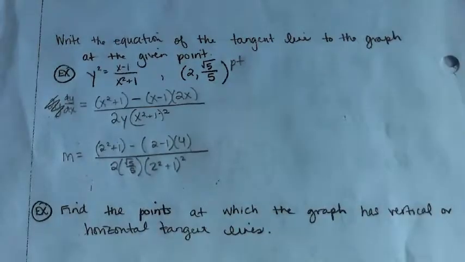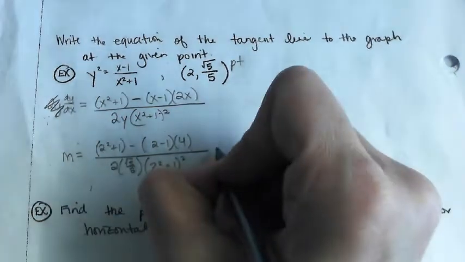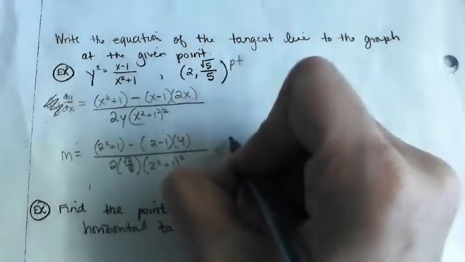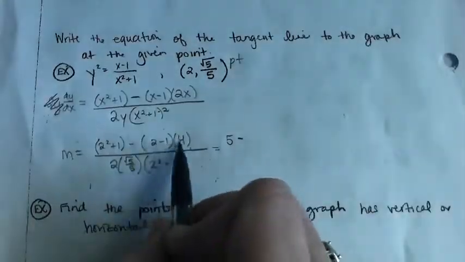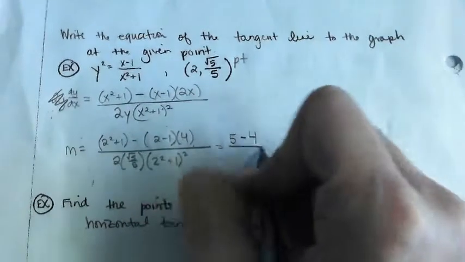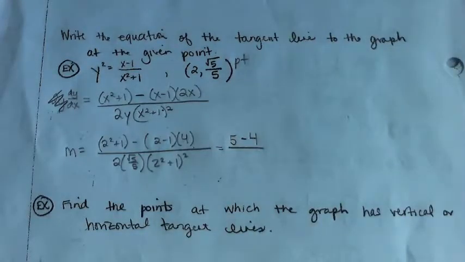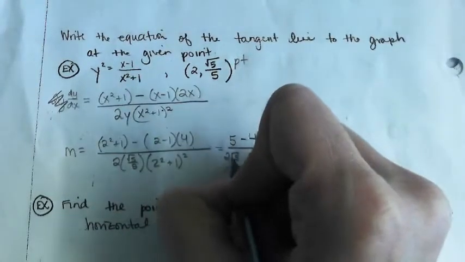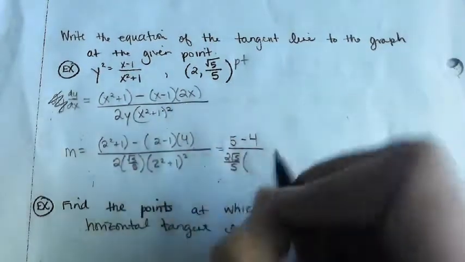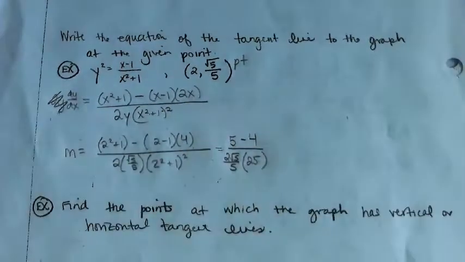I'm going to avoid making a mistake, hopefully, by just plugging in now. 4 plus 1 is 5, minus 4 times 1 is 4, over 2 root 5 over 5 times 5 squared is 25.